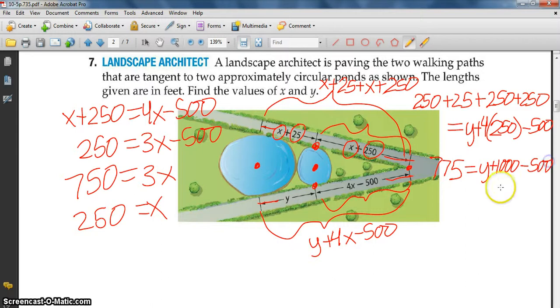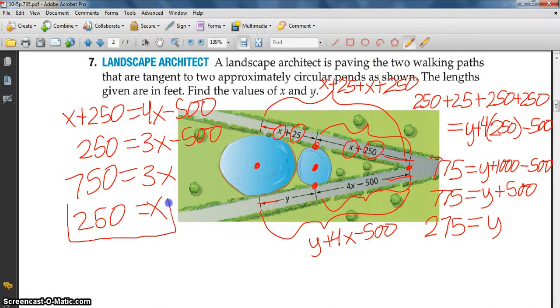Minus 500 gives me 500. So subtract 500 from both sides, and y is equal to 275. So we solved for x first, we substituted that back in, and we solved for y. Feet.